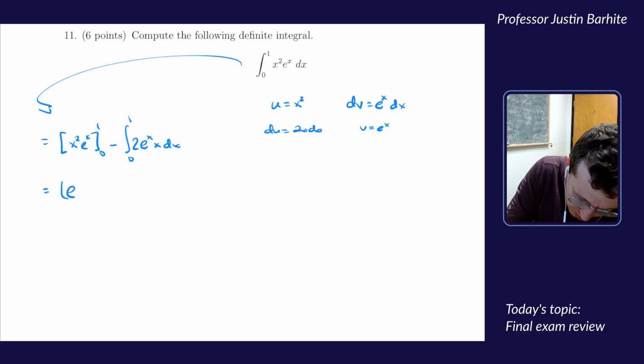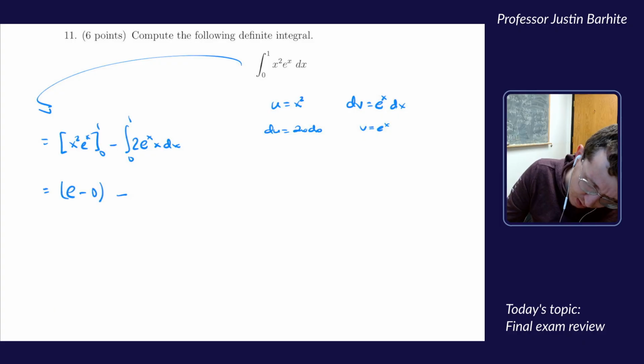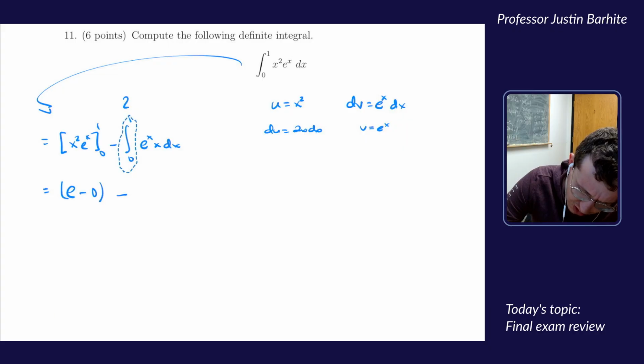When you plug in 1, you get 1 squared times e, which is e, and when you plug in 0, that x squared makes this 0. So once again, we're gonna have to do integration by parts again. I'm gonna pull that 2 outside the integral.